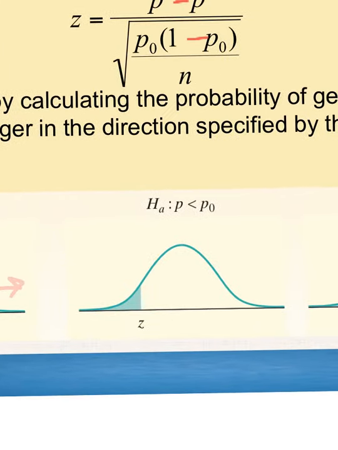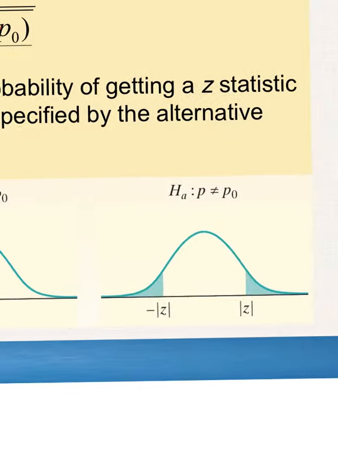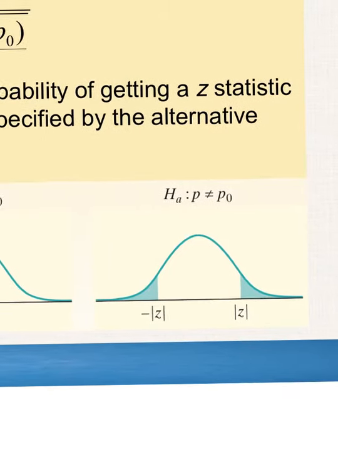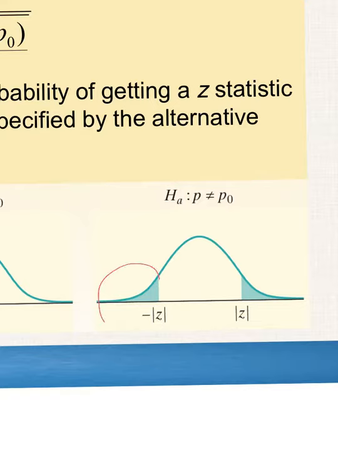And if it's less than, you're going to take that z, and when you use your table or the calculator, it'll automatically give you the proportion that way. And if your hypothesis says that they're different from one another, you're going to look at the proportion that is both less than and greater than the z value that you calculate.